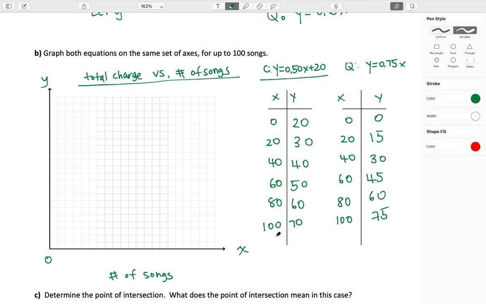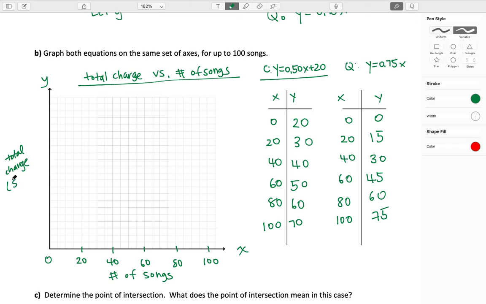I'm going from 0 to 100, so I'm going to let each 4 units be 20. So 20, another 4 units is 40, 60, 80, and 100. Now for the Y value, it's the total charge.